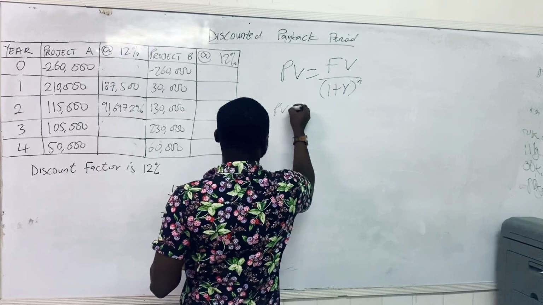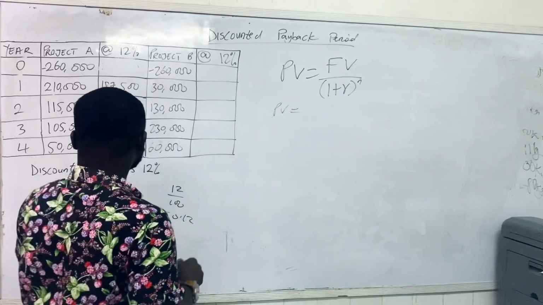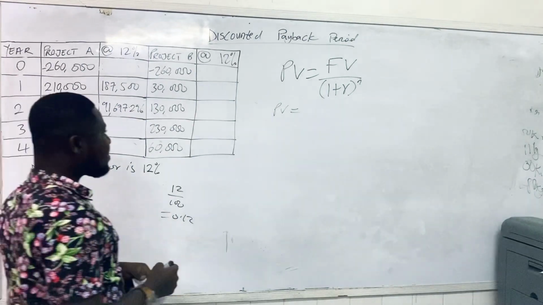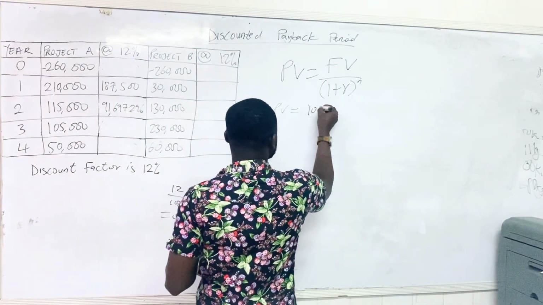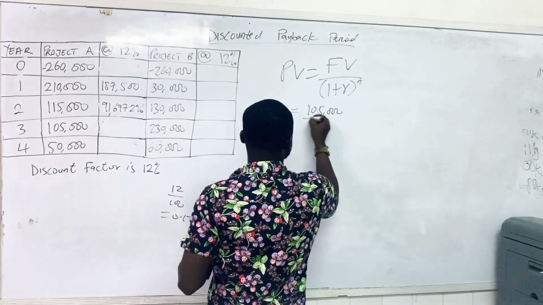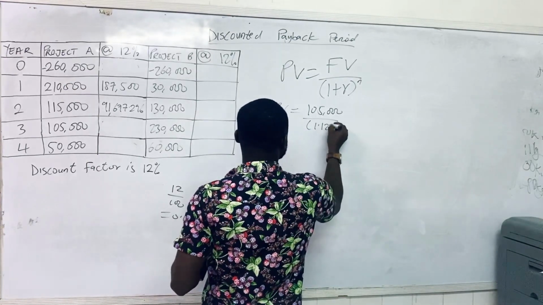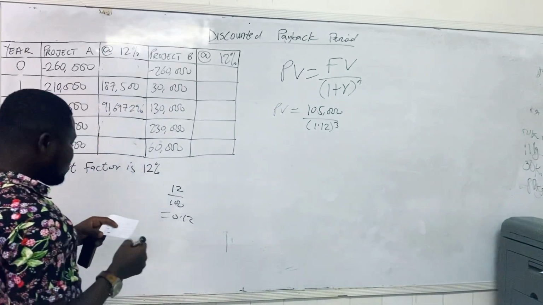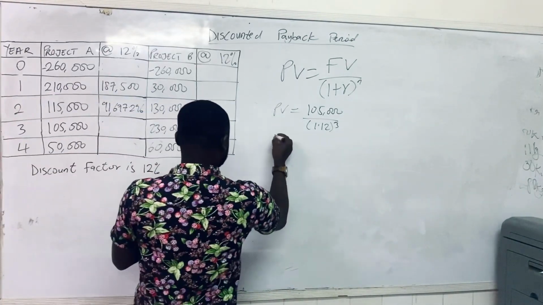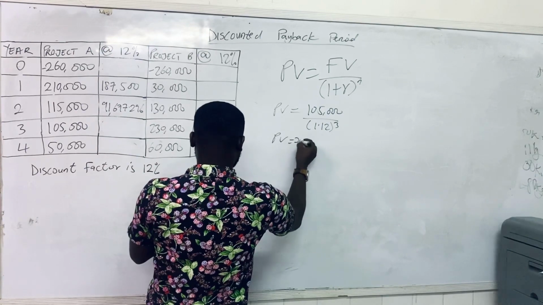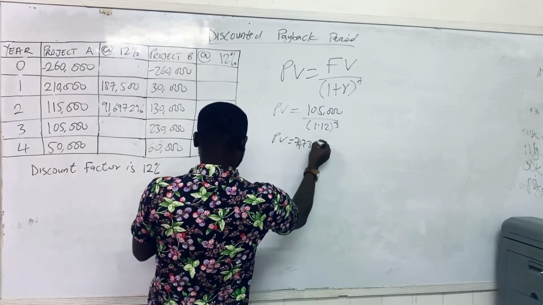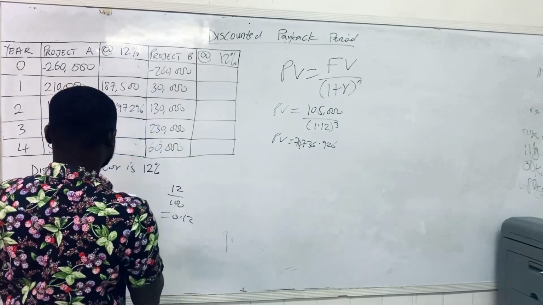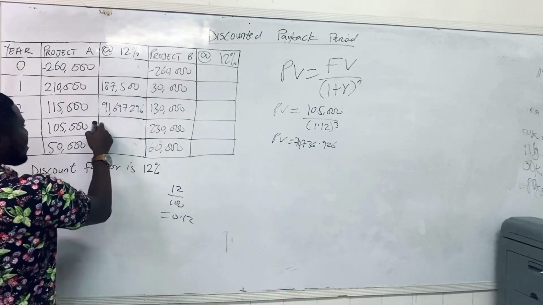We do the same for the third year, which is PV equals, the third year's cash flow is 105,000. So 105,000 on 1.12 exponent 3. And that is going to give us 74,736.926.